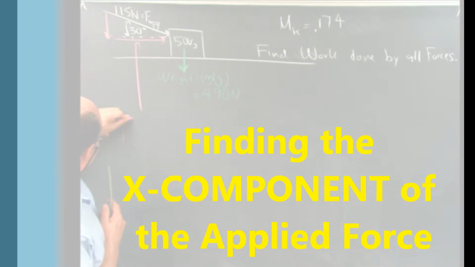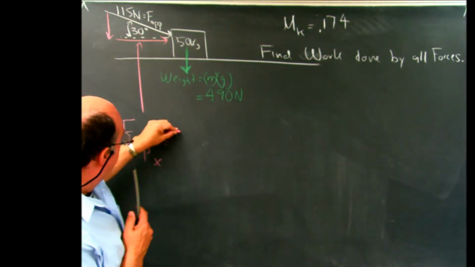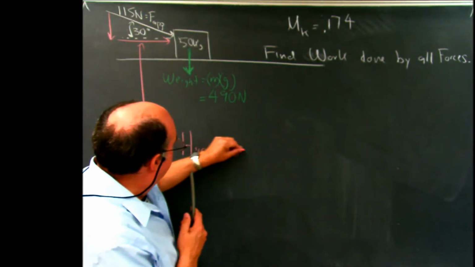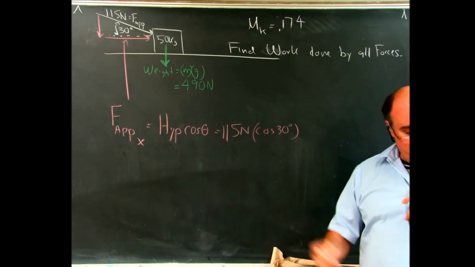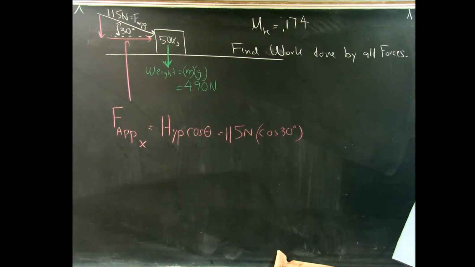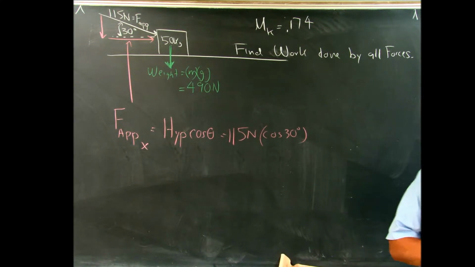So the force applied in the x direction would be the hypotenuse times the cosine of the angle, which is 115 newtons times the cosine of 30 degrees, and I'll plug it in my calculator. It comes out to be 99.6.